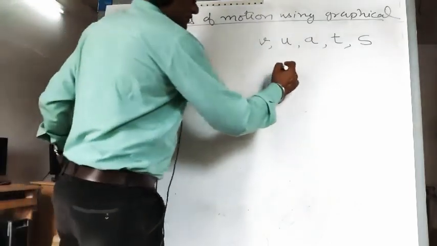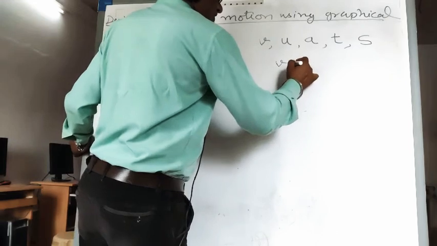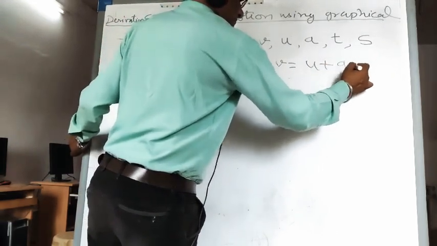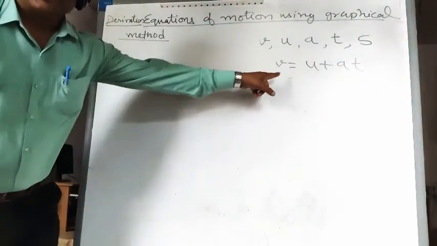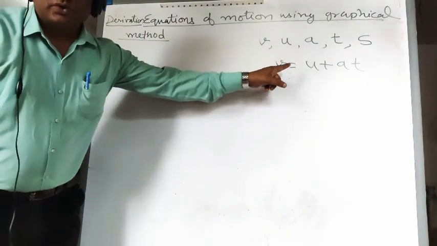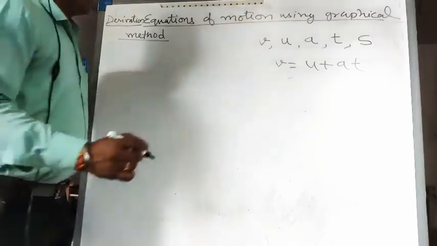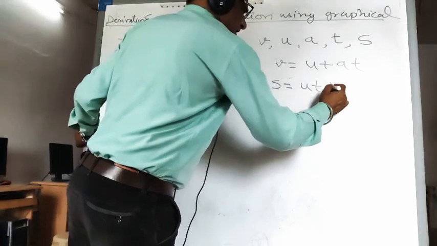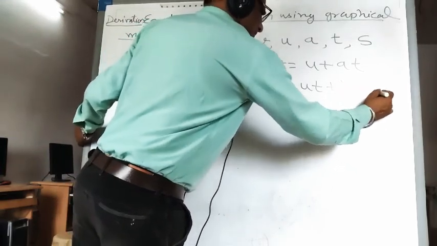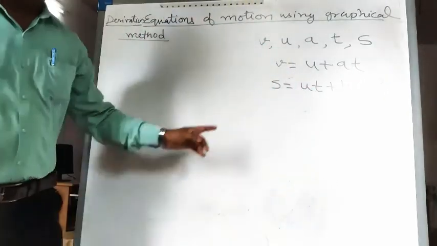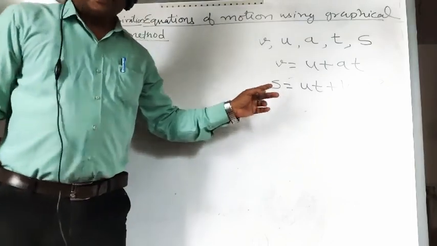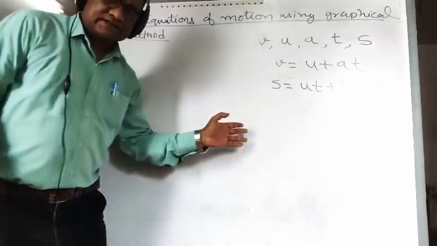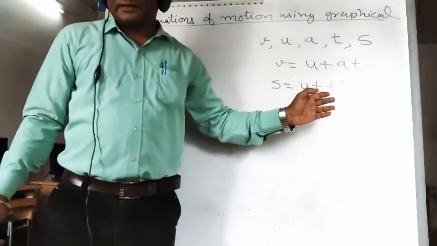There are three equations of motion. First is v = u + at. This is called the first equation of motion. The second equation of motion is s = ut + half at square, where s is distance traveled and other symbols have their usual meaning.